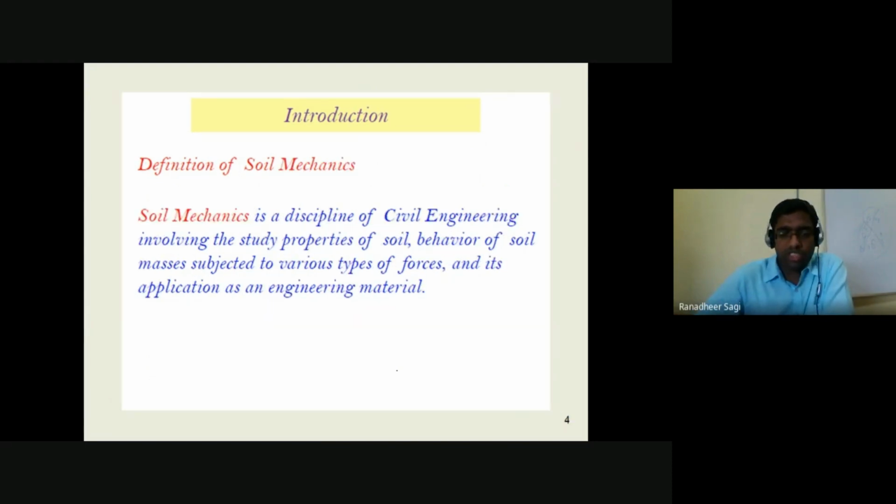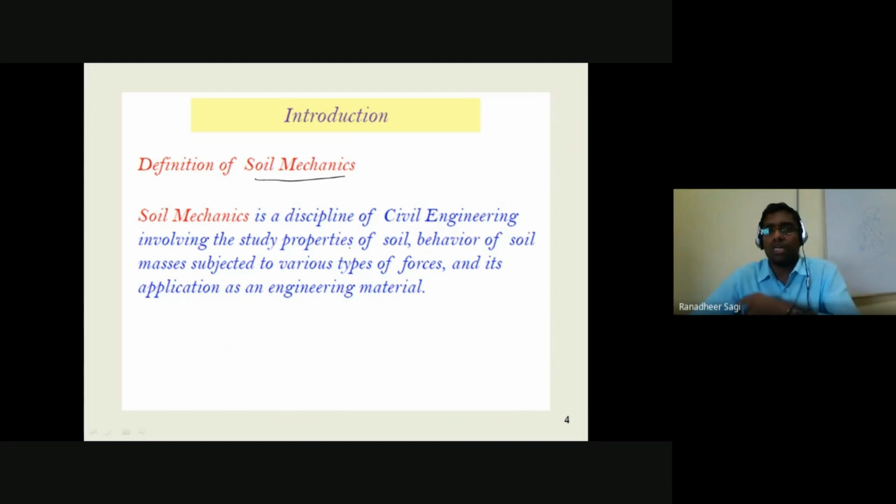Coming to what is meant by soil mechanics, basically soil mechanics, or geotechnical engineering, is one of the major disciplines of civil engineering, involving the study of the properties of soil, knowing the behavior of the soil mass which is subjected to various types of loadings.